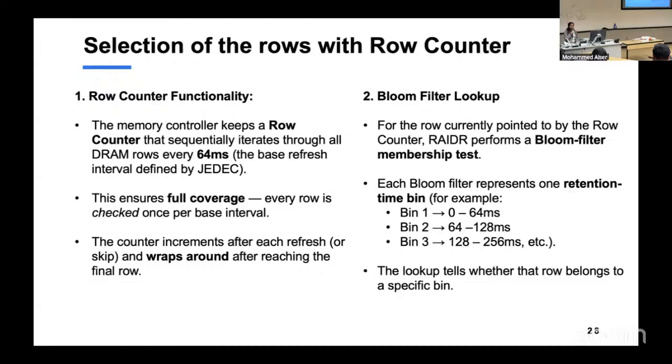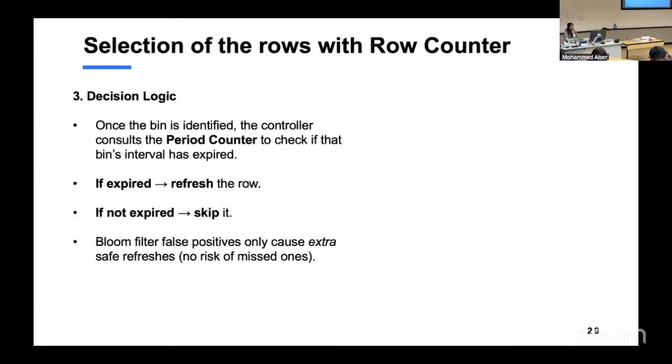So this membership test is stored by the Bloom filter, and this lookup will tell which bin a row belongs to. For example, if the 100th row is selected, the Bloom filter will tell whether this 100th row belongs to bin 1, bin 2, or bin 3. And next, we will go with the decision logic.